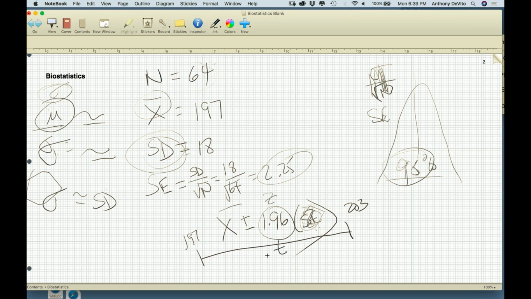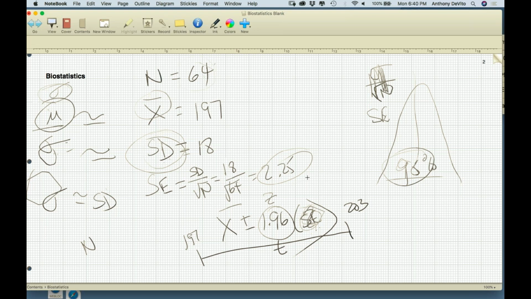And just like the z-score for sigma, we use the sample size to give us an idea of what our standard error is going to be. Well, if I have a large sample, my uncertainty is less for my estimation of what standard deviation is than if I have a small sample. There's more uncertainty.